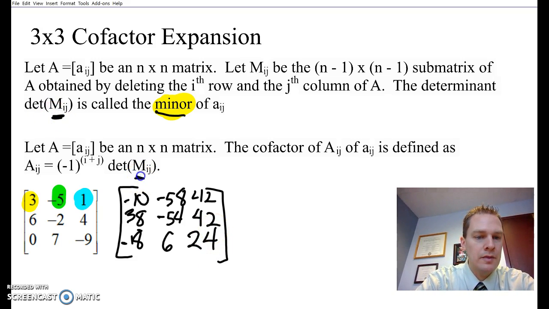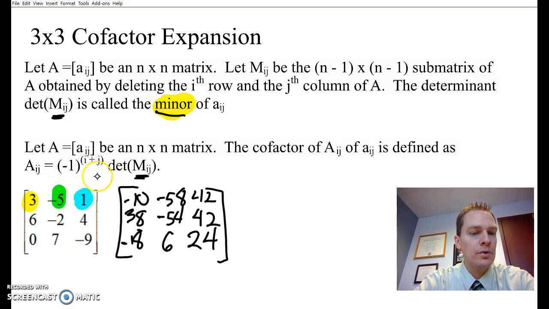We found the minors. In order to find the cofactors, after finding the determinant of all of those minors, I need to figure out, based off of where they are, whether or not they can stay where they are, or I have to change them. So for example, this entry right here is in the first row and first column.